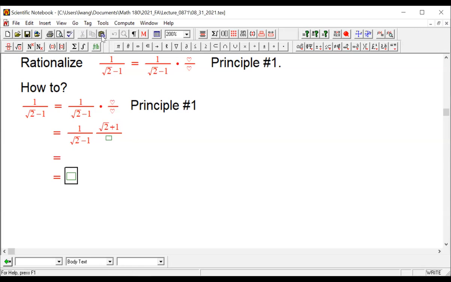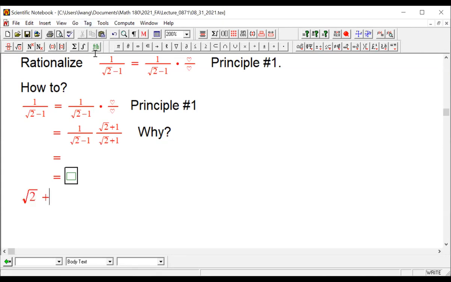Can anybody offer some answers why we choose that way? Why do we choose root 2 plus 1? Is it because it's the inverse? Inverse of what, to what? Of root 2 minus 1. Okay. You are close.